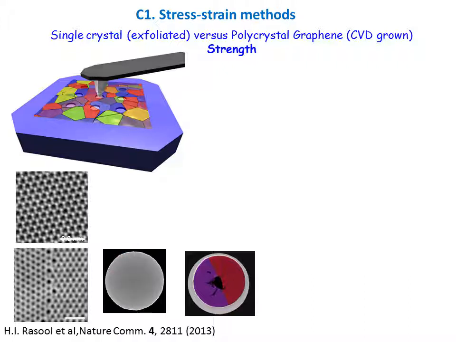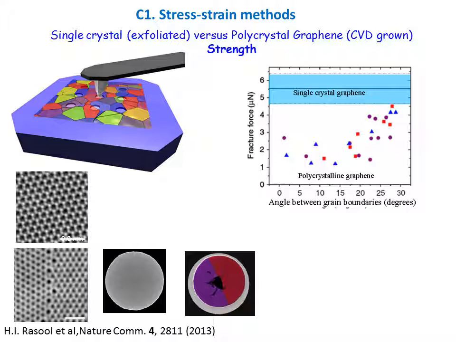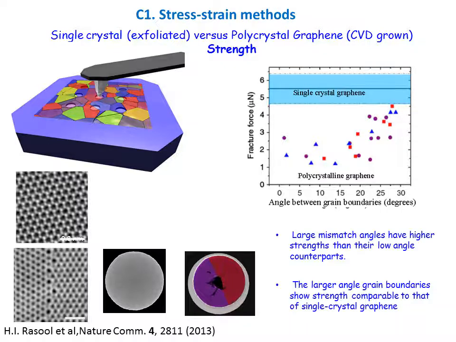You can see the boundary here, and then the sample was probed up to fracture, as shown here. The authors studied the strength as a function of this grain boundary angle and found a strong dependence: not very much up to 15 degrees, and then the fracture force needed to break the graphene foil increased with the grain boundary angle, finally reaching a value equivalent to single crystalline graphene.